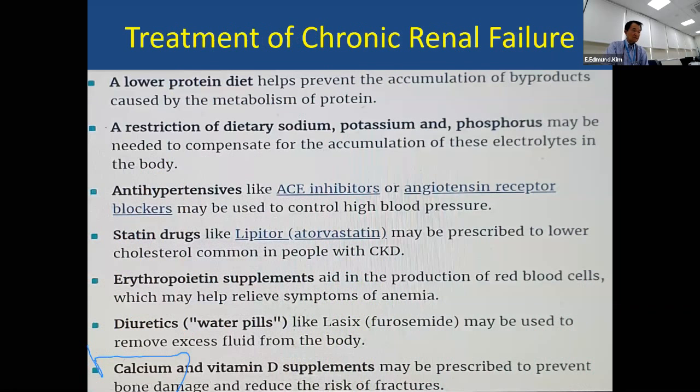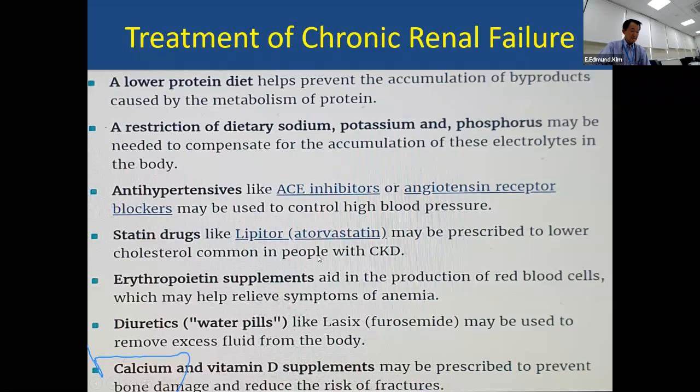And so you have medical treatment. You have to have a proper protein diet, with restriction of sodium, potassium, phosphorus. You have to correct hypertension.